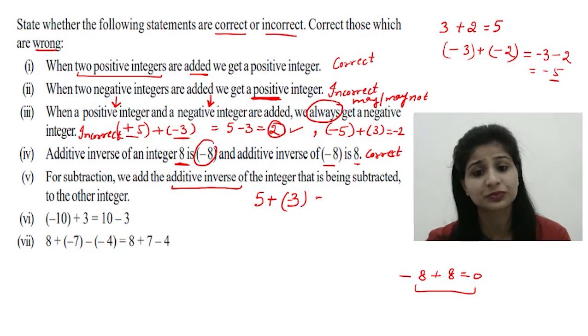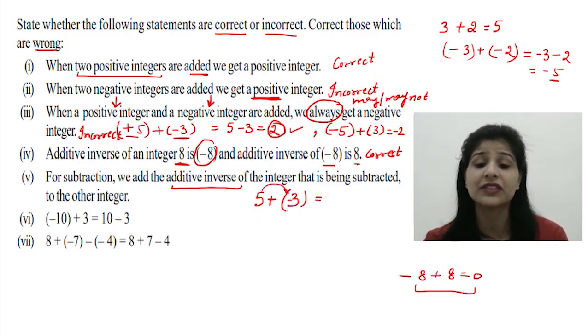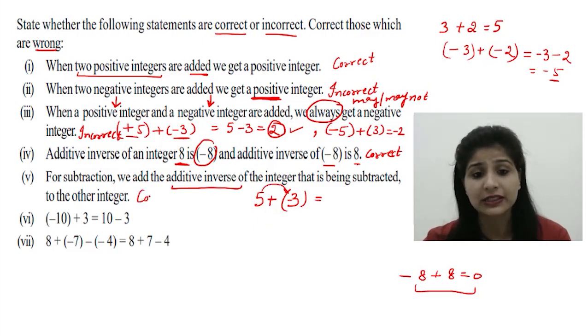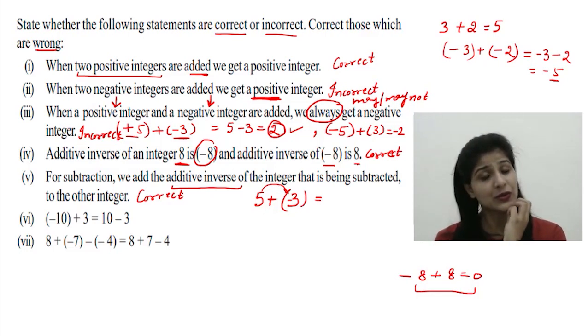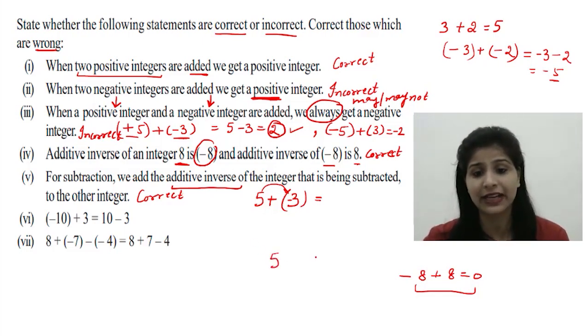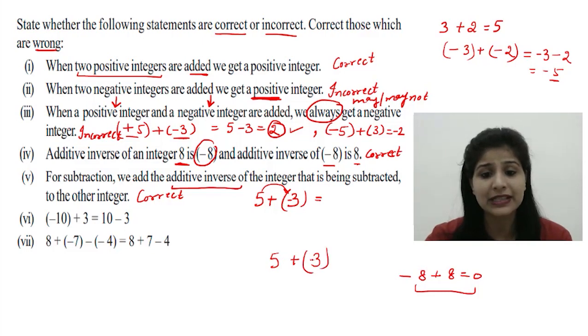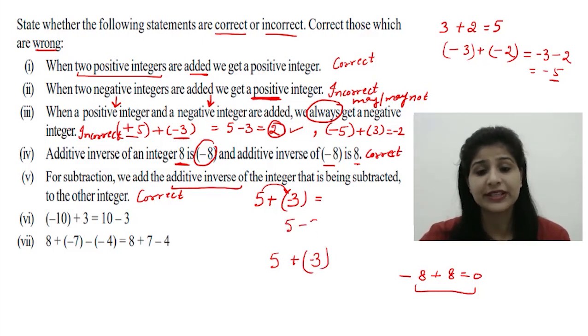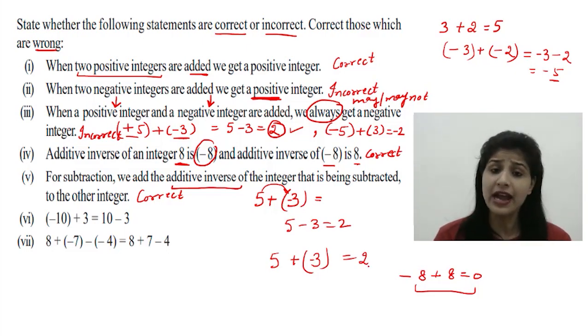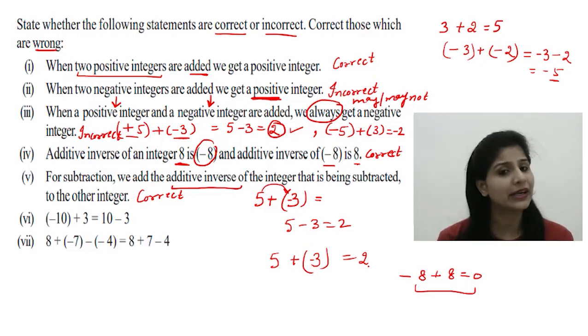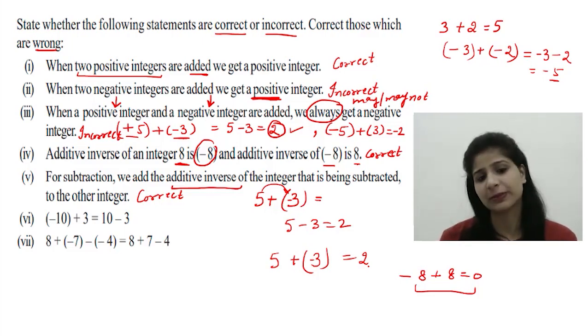I have added the additive inverse of 3, which is -3. So this is a correct statement. If I have to subtract 3 from 5, I can just add -3 into it. So these both are going to give me the same answer. So basically this is what we are doing in the subtraction. We add the additive inverse of that particular number which is going to be subtracted.